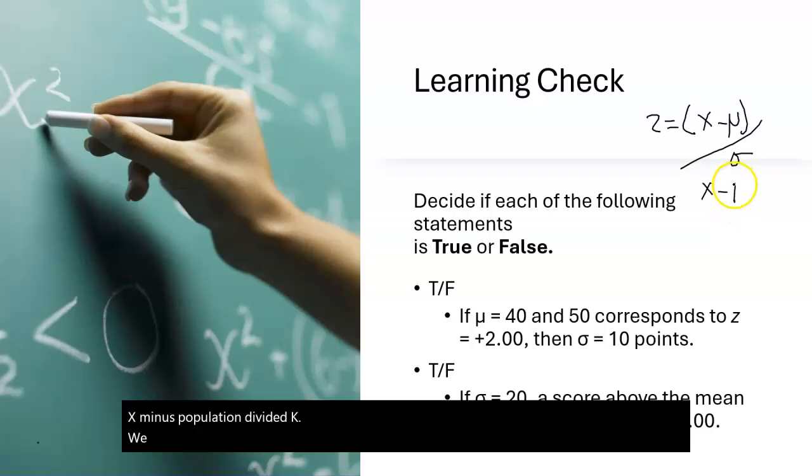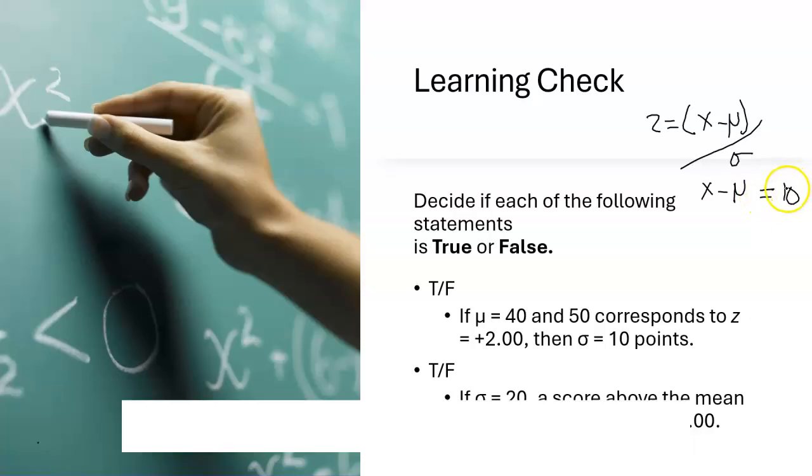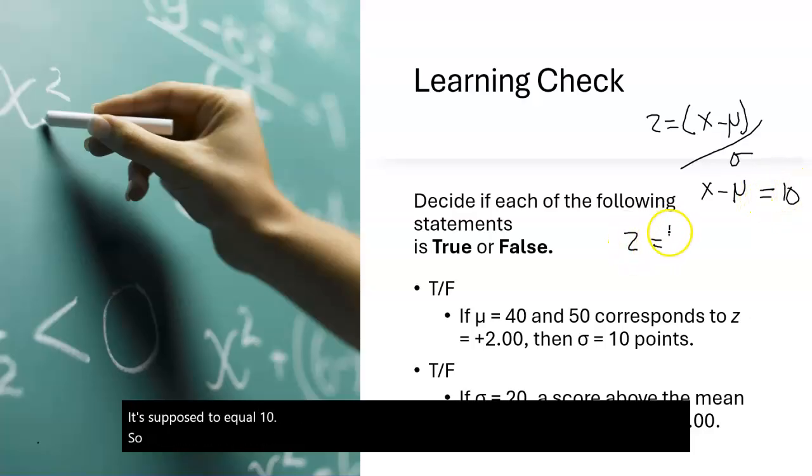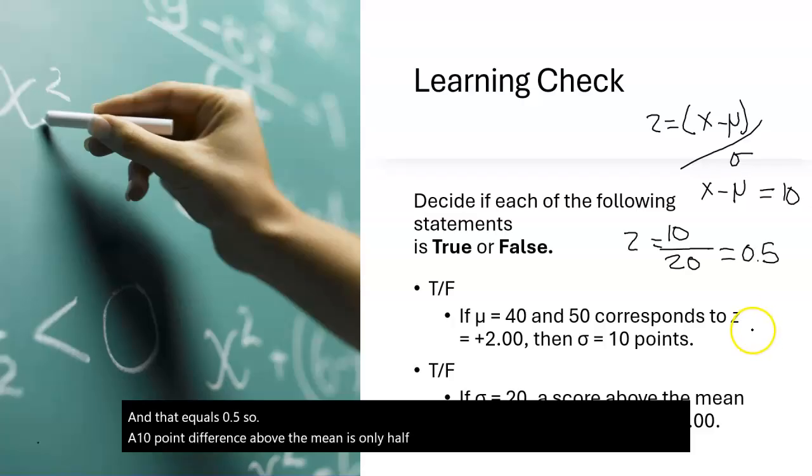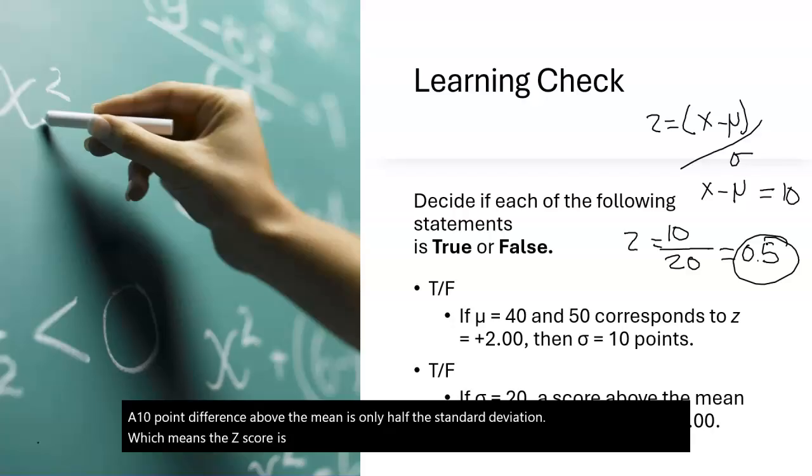X minus the mean is supposed to equal 10. So when we have our z-score, we have 10 over 20, and that equals 0.5. So a 10-point difference above the mean is only half the standard deviation, which means the z-score is 0.5, not 1. So this is also false.